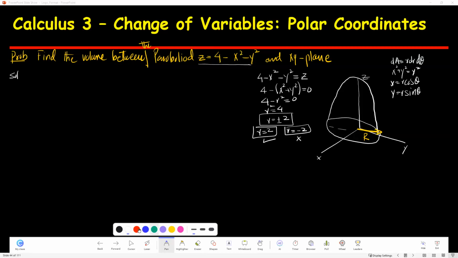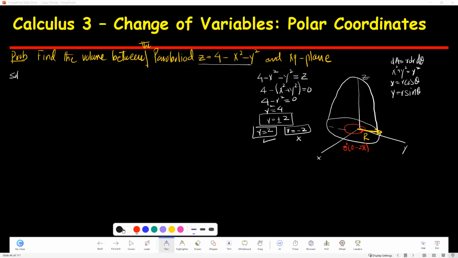And the other thing is that this paraboloid starts from here and goes all the way down and comes back here. So I know theta goes from 0 to 2 pi. In the previous one, we had 0 to pi. Here we have 0 to 2 pi.